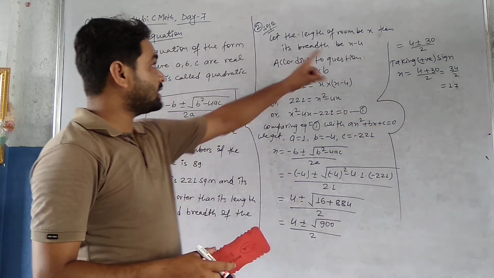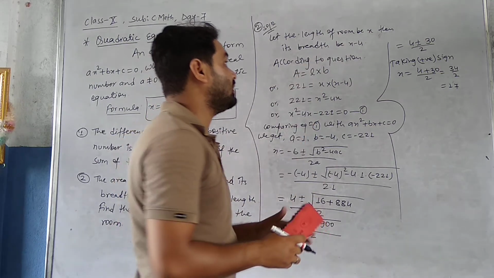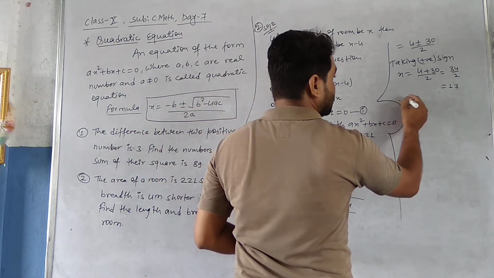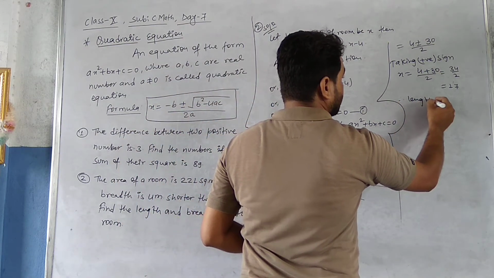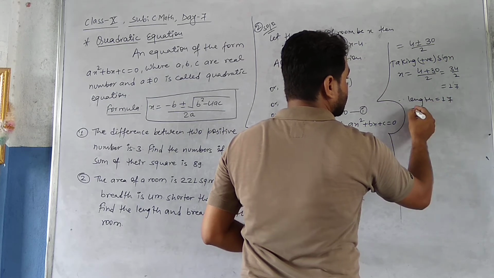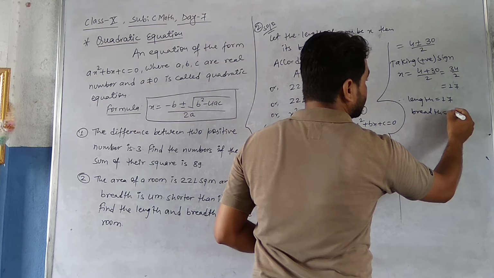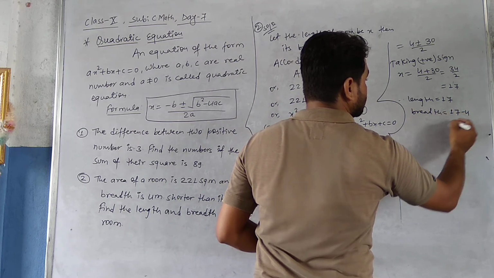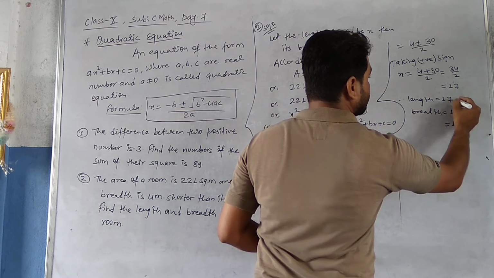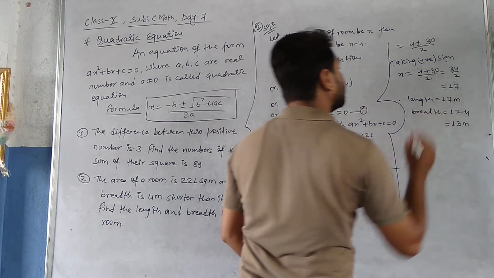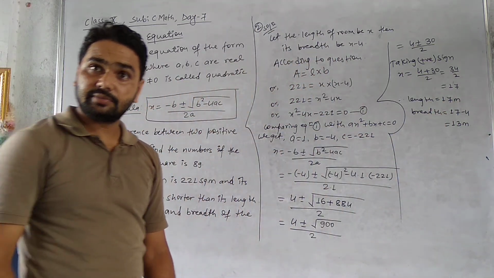If the value of x is 17, that means length is 17. Then breadth equals 17 minus 4, we get 13. Length and breadth are in meters.